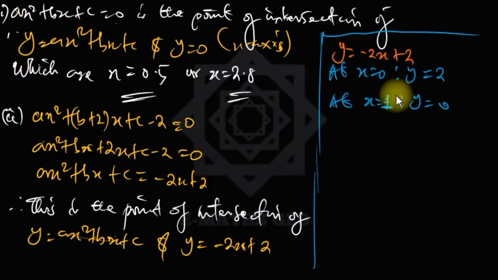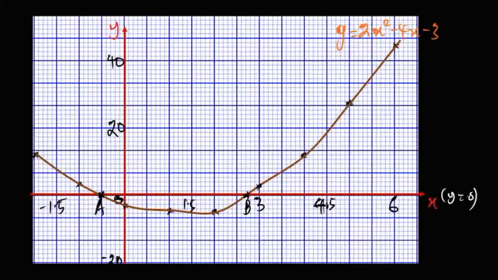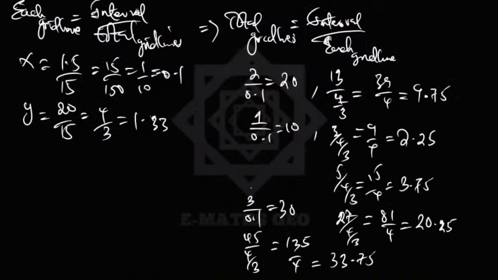When x is 0, y is 2, and I think we've plotted 2 before for y. Let's get y equals 2. So I have 2 over how many grid lines? 4 over 3 each of them.